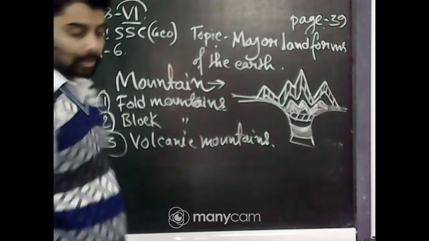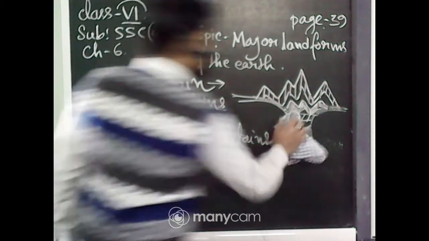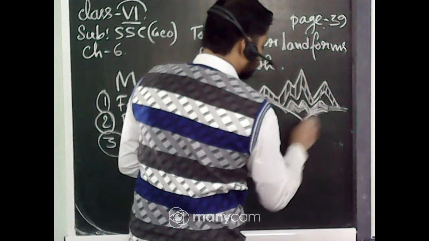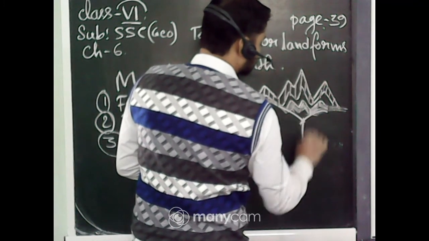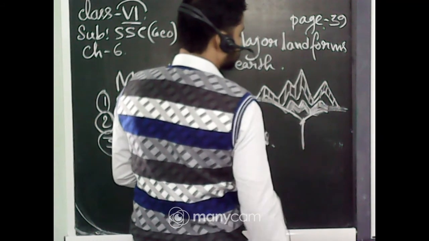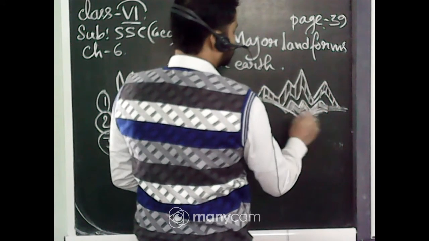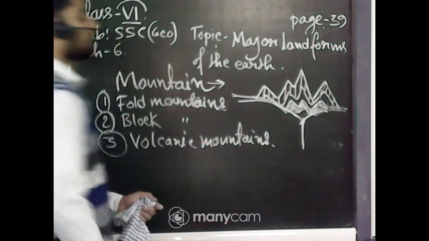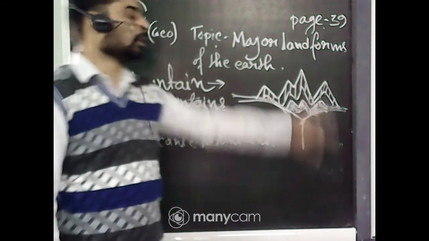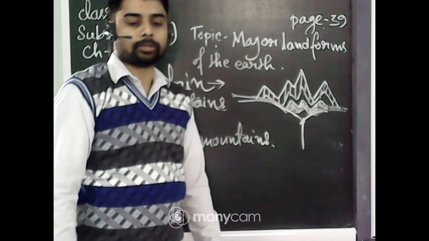So in this way, when both the lands touched each other, the layers uplifted and created this type of fold mountains.